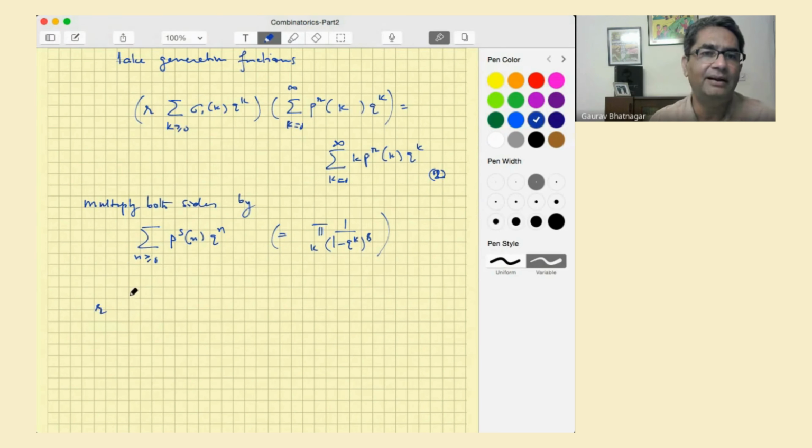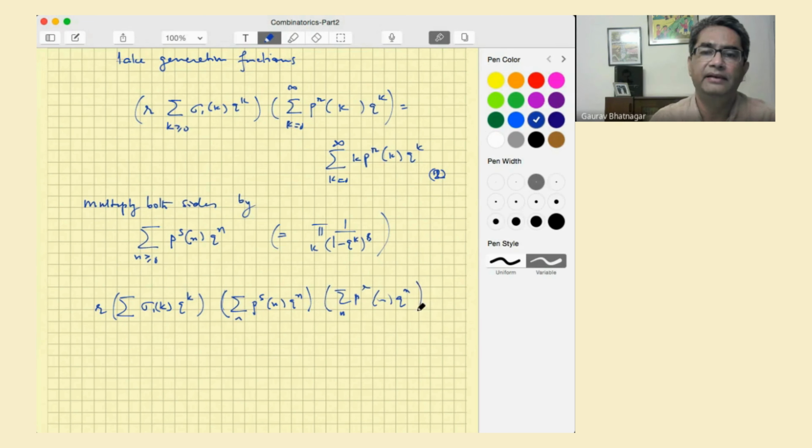So this is r times the summation of sigma 1 k q raised per k, times, I'm going to put this one in the middle, the summation of ps n q raised per n, then pr n q raised per n.